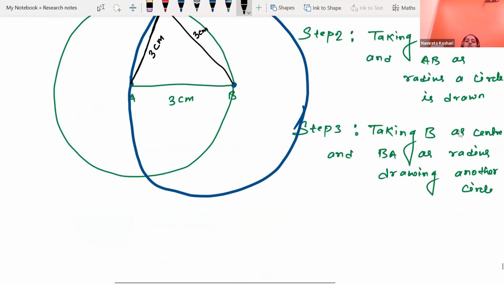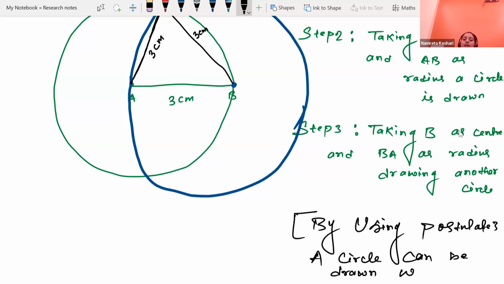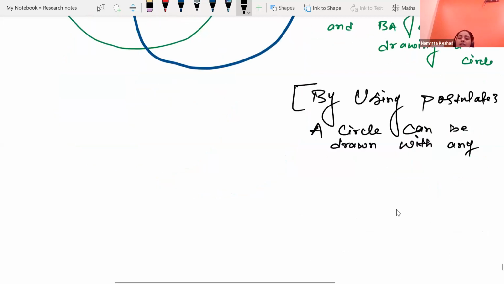Here you have to mention by using postulate 3, and explain postulate 3, that a circle can be drawn with any radius and any center.